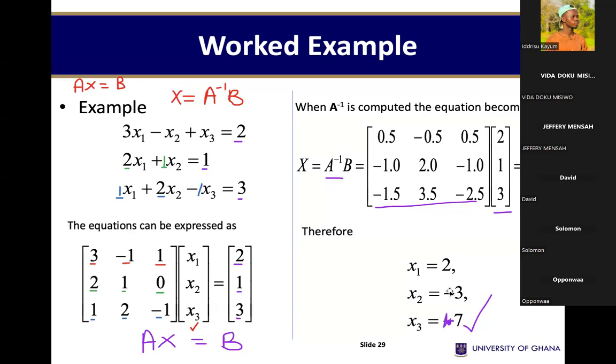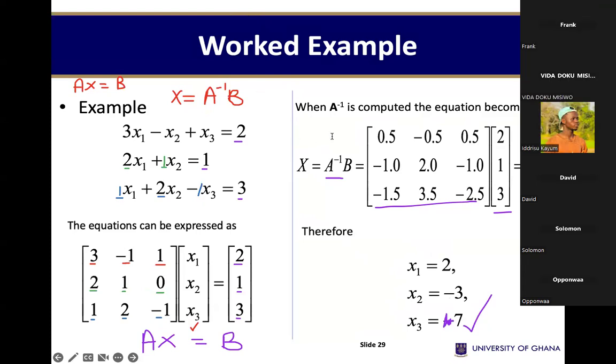Yes, Idrisu. Sir, please, my question is that AX is equal to B. Can you please make X, divided by A, so that the A will cancel the other A?